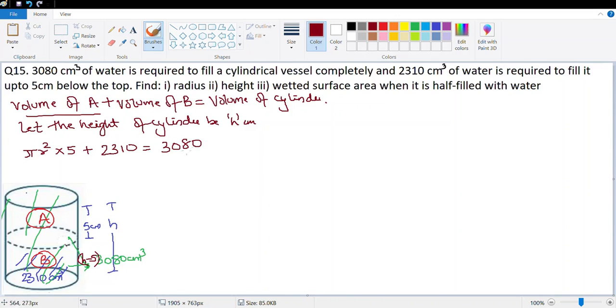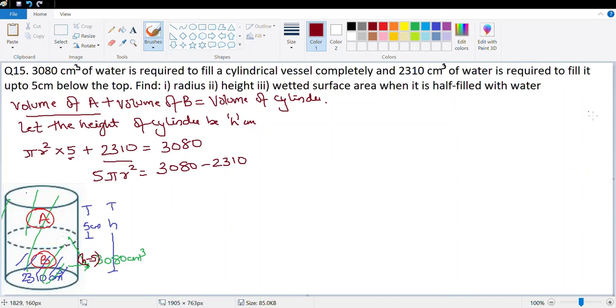Let's check this again. Volume of A, it's a smaller cylinder, is pi r square h, which is 5 pi r square, plus volume of cylinder B, the bottom part, 2310, is equal to volume of cylinder, which means 5 pi r square is equal to 3080 minus 2310.